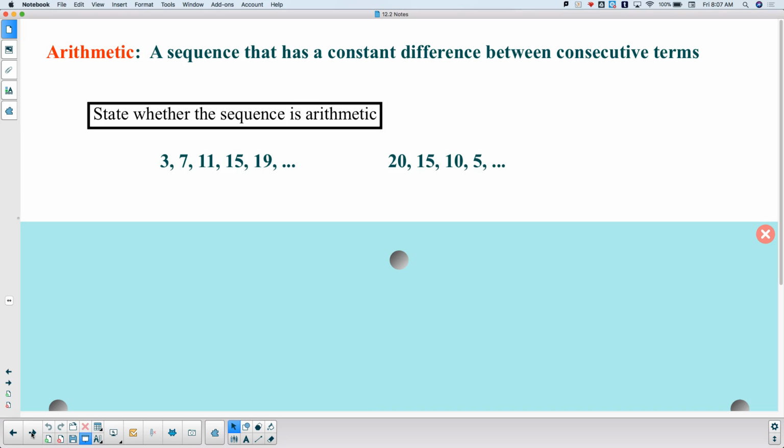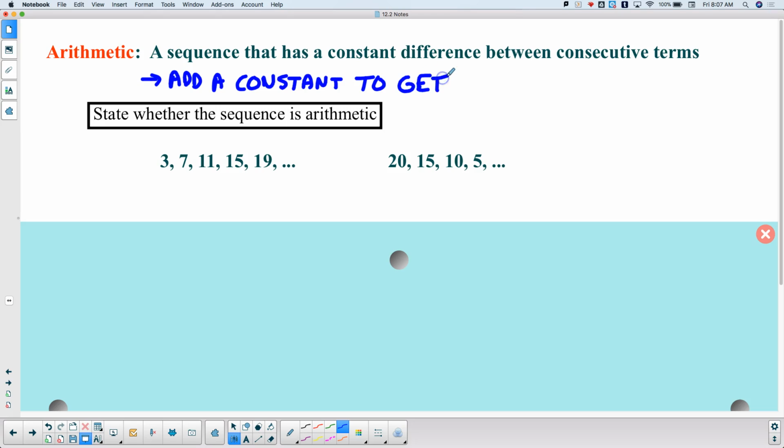So in layman's terms, it's a sequence where you add a constant to get the next term.